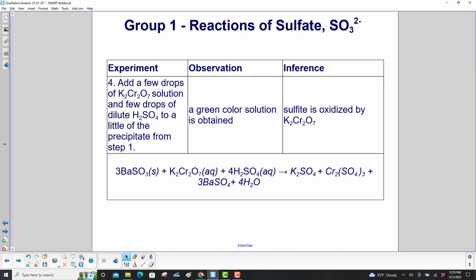The experiment. Step 4. Add a few drops of potassium dichromate solution and a few drops of dilute sulfuric acid to a little of the precipitate from Step 1. Observation: a green color solution is obtained. Inference: sulfite is oxidized by potassium dichromate.